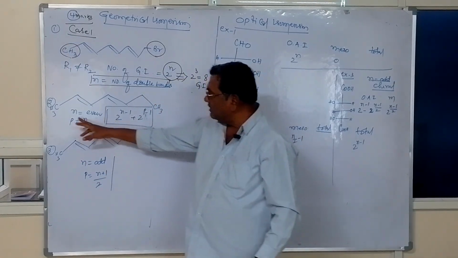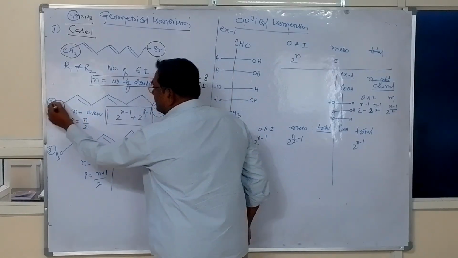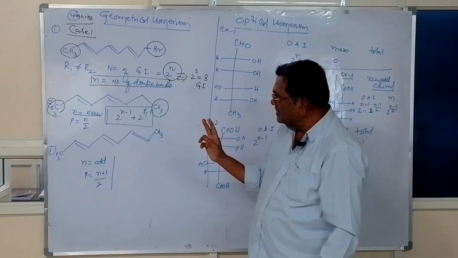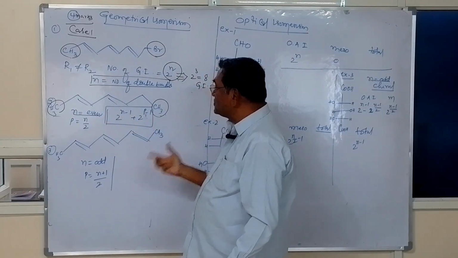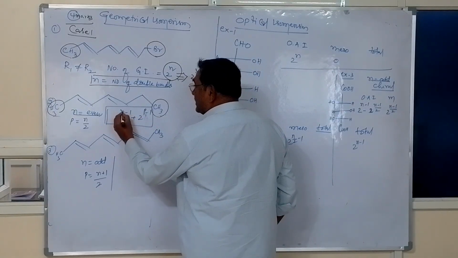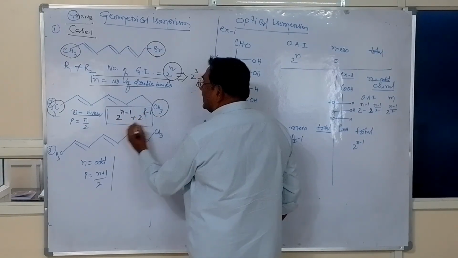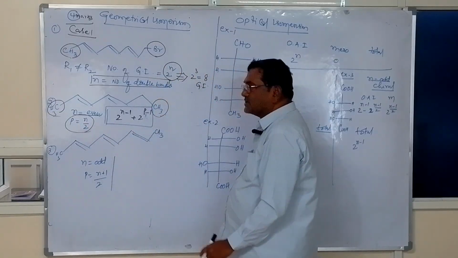Coming to the second one. When the two terminals are the same with an even number of double bonds, we calculate the possible geometrical isomers as 2 to the power n minus 1, plus 2 to the power p minus 1. Here p is equal to n by 2.